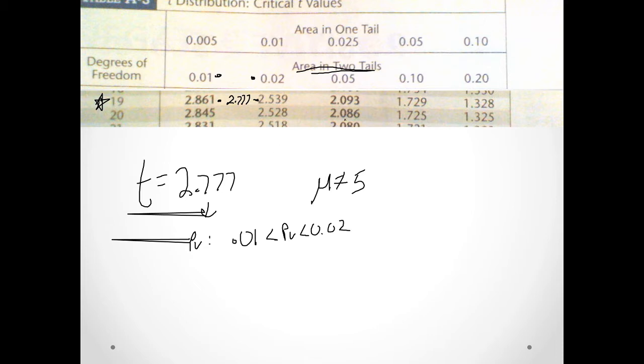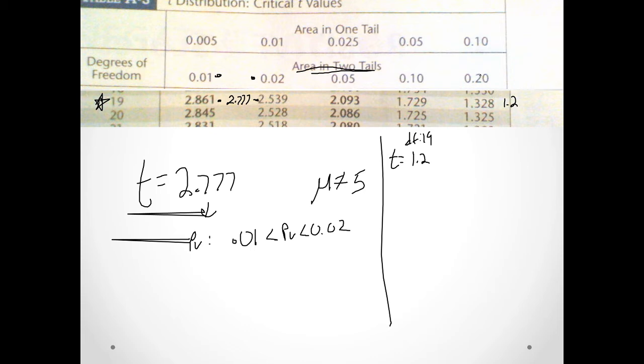Now, let's say, for instance, that my test stat, we're still working with degrees of freedom of 19, was 1.2. Okay. Well, if I look in this row here, 1.2 is all the way at the end over here. So in this case, as I'm going down this chart, my area is getting bigger and bigger.